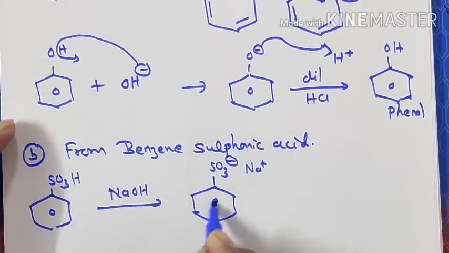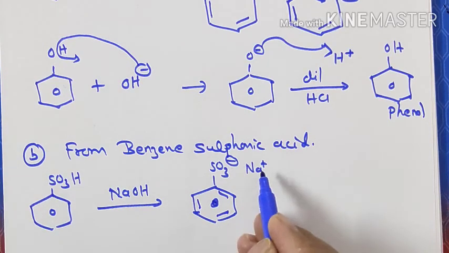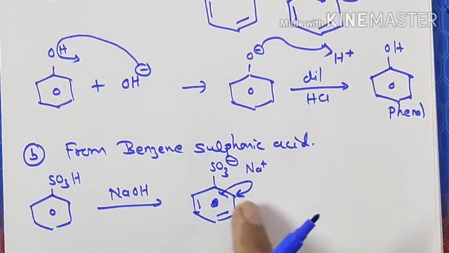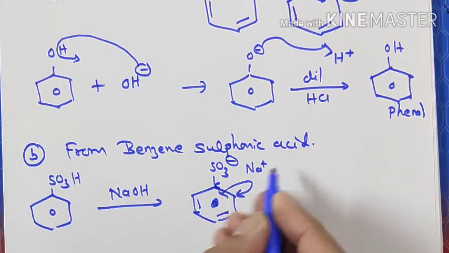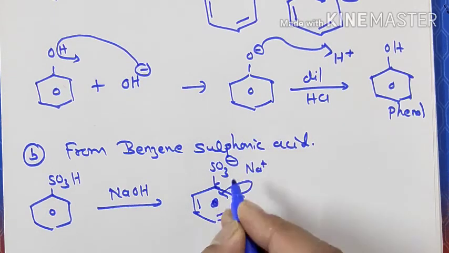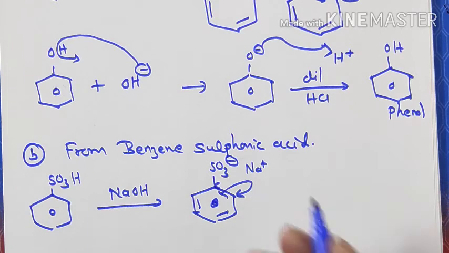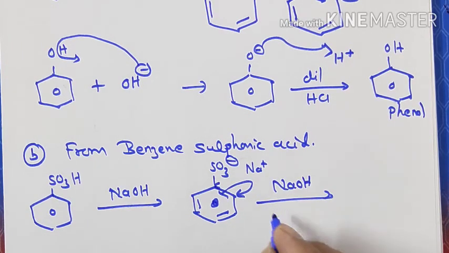I can show it like this. What will happen? This OH minus will come. First off, this bond is going to break and comes over here. Negative charge comes over here. This carbon is going to acquire positive charge. OH minus will attack, this will go out. And this does not take place in such a high condition, because when I add here NaOH, the condition is 523 Kelvin.